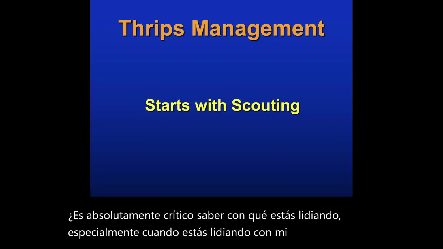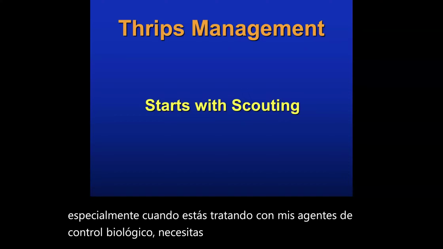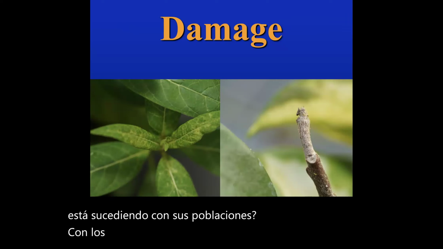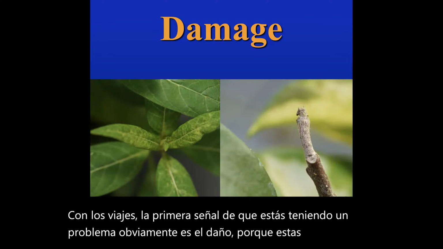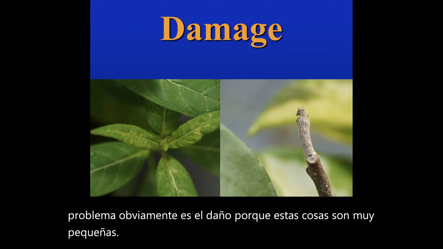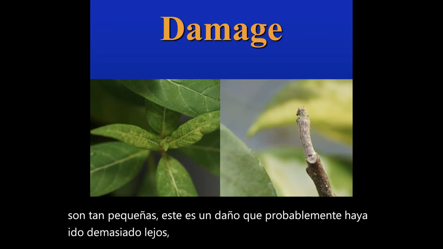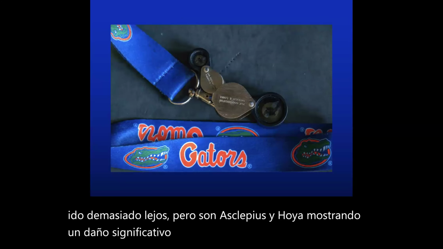You need to be able to identify them and follow their populations. With thrips, the first sign of a problem is the damage, because these things are so small. Damage has probably gone way too far here, but it's Asclepius and Hoya showing significant damage from this particular pest.